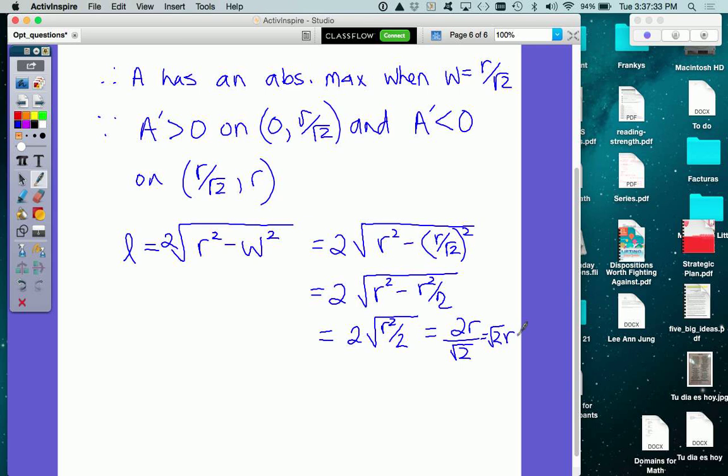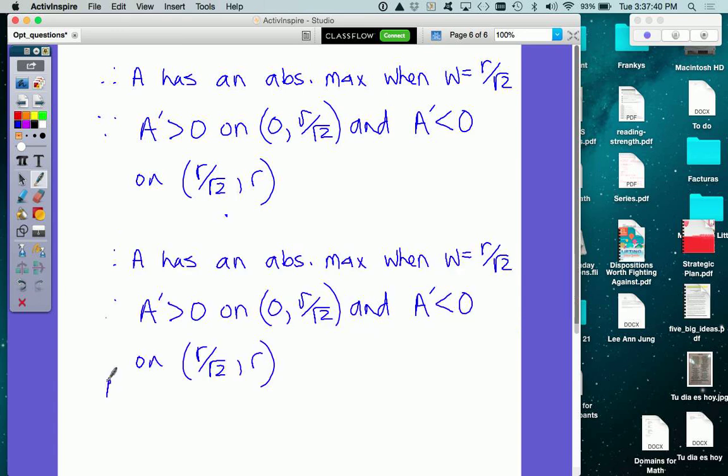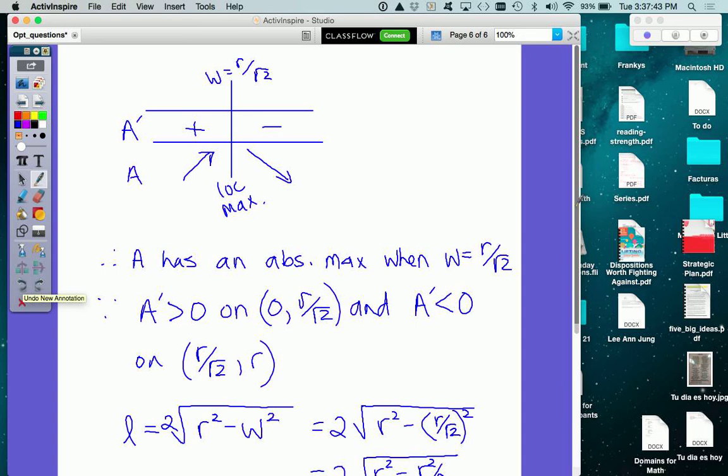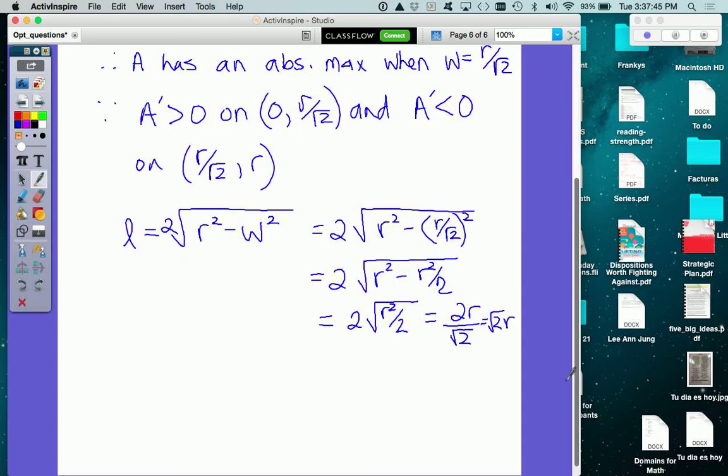So we're finished with that, and now we just have to find our final area. Area is length times width, and the length we already said is radical 2 times r, and the width we already said is r over radical 2, and that cancels very nicely, and we're just left with an area of r squared.